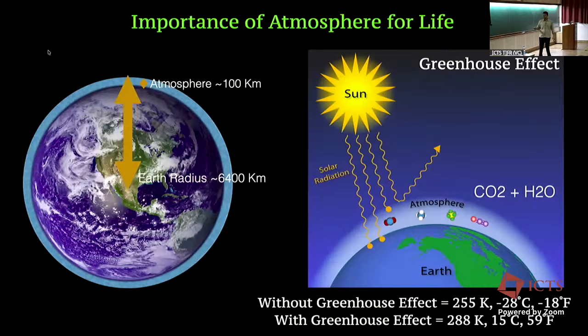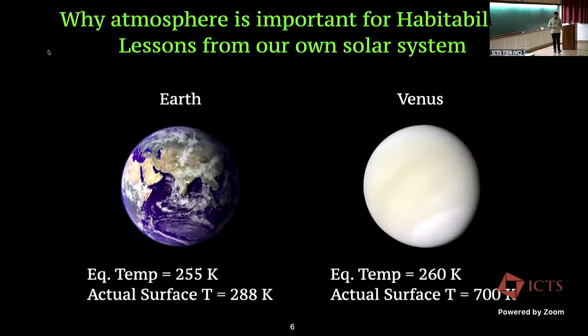It is because of this additional 33 Kelvin that we get an environment where life can flourish. So if we are searching for habitable planets, we have to understand and characterize their atmospheres.